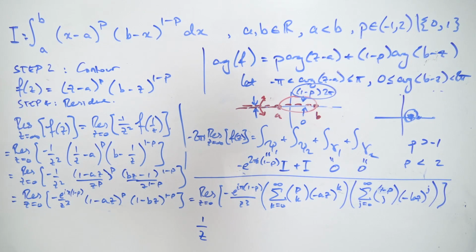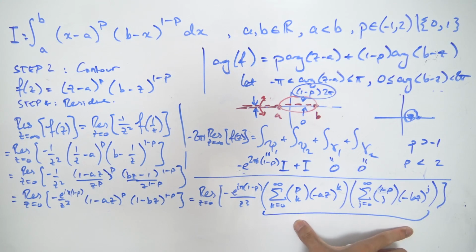And notice we have a 1 over z cubed term at the front, which means that whatever power series this becomes, we're only interested in the z squared terms, because z squared will cancel out with the z cubed to produce 1 over z. And if we can figure out what the coefficients of z squared are from this whole power series, we can basically recover the residue from there, which is quite nice.